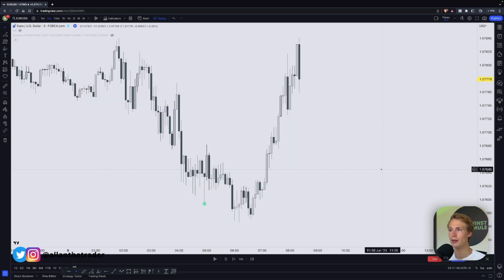Okay, so let's look at an example, and you can use any time frame for this. I'm using the 5-minute time frame now because I'm mainly day trading, almost scalping. So I like to use the 5 minutes. You can go to the 15 minutes, the 1 hour, it really doesn't matter. If you like to be more of an intraday trader or a swing trader, you can obviously go to the higher time frames.